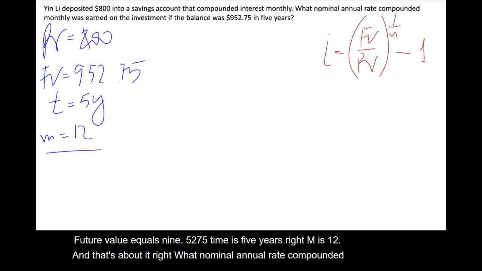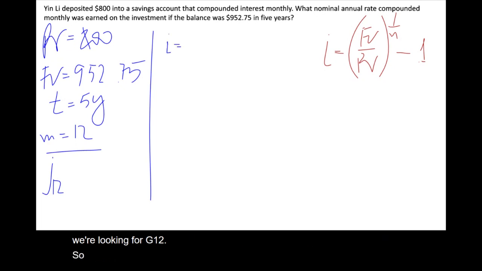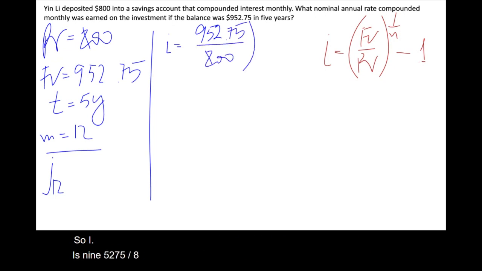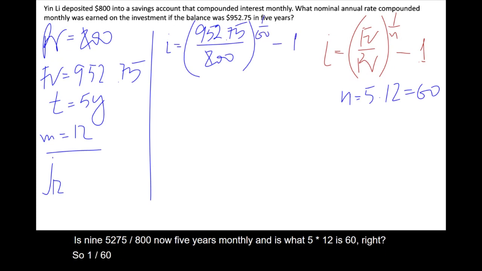So we're looking for J12. Okay, so i is 952.75 over 800. Now 5 years monthly, n is what? 5 times 12 is 60, right?